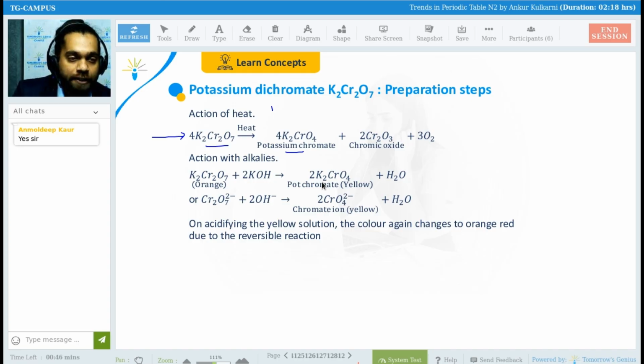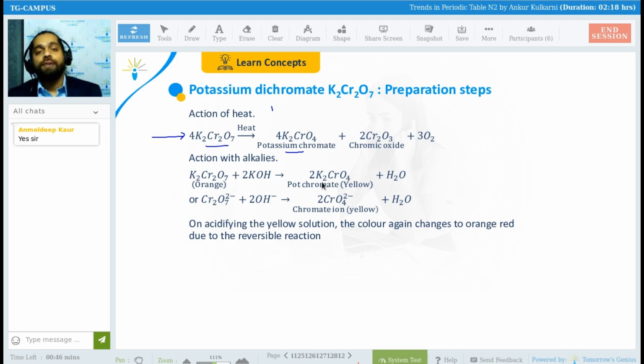Someone write down the reaction and put it in the chat box. Potassium chromate and chromic oxide.